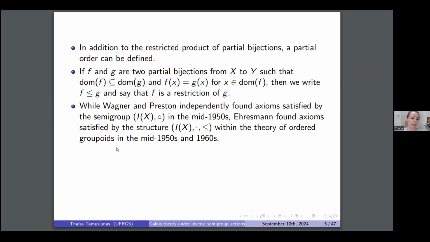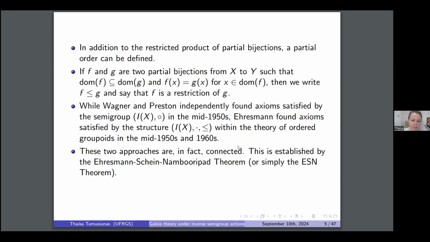So while Wagner and Preston found axioms satisfied by the inverse semigroup with the composition in the mid 50s, Ehresmann found axioms satisfied by the structure of a groupoid, an ordered groupoid, because we have a partial order, in the mid 50s and 60s.